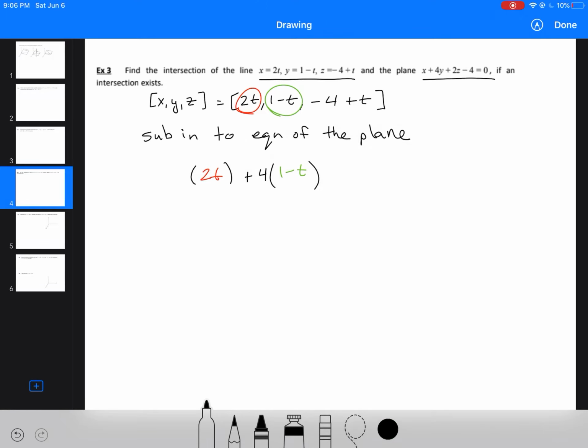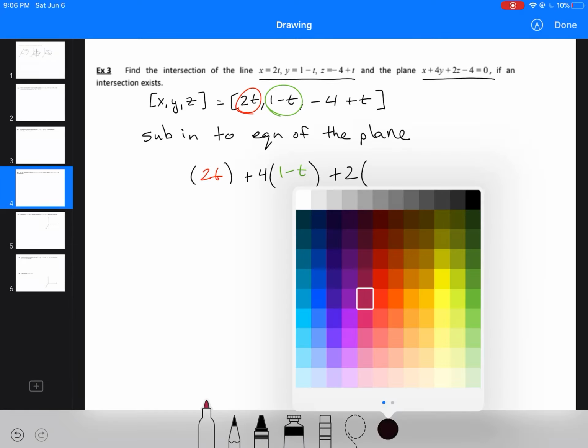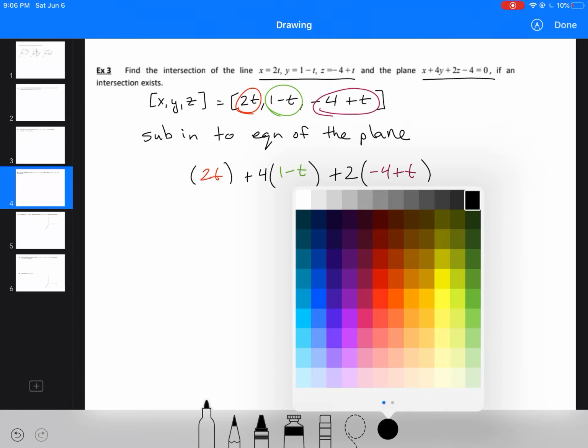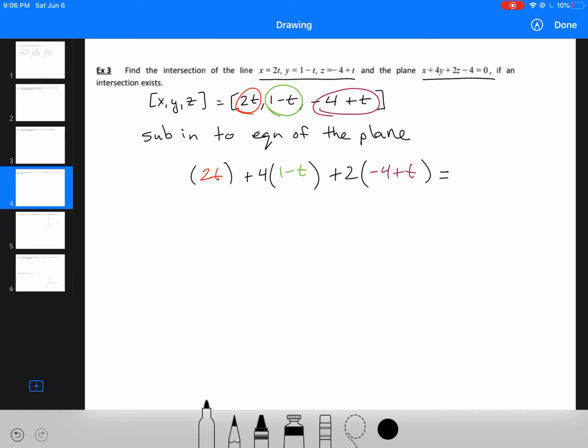Then we've got plus 2 z, so minus 4 plus t. And again, we're trying to solve to see if there's a value for t that satisfies the equation. So here we've got minus 4 equals 0. Collecting all those like terms is going to give you the equation 0t equals 8.